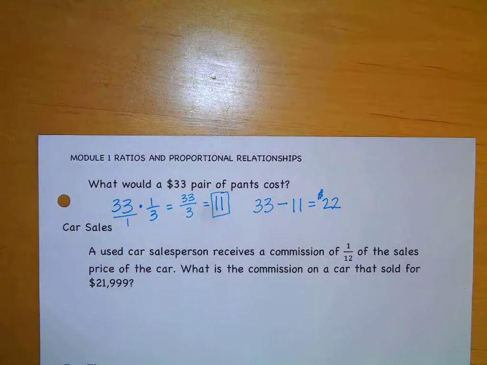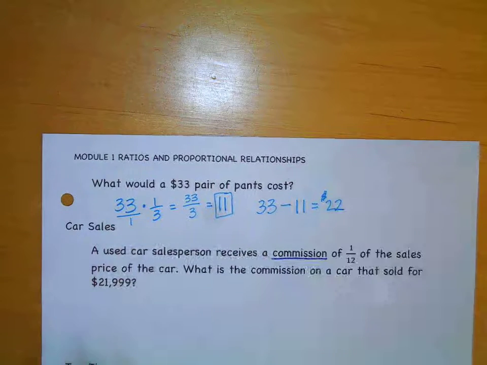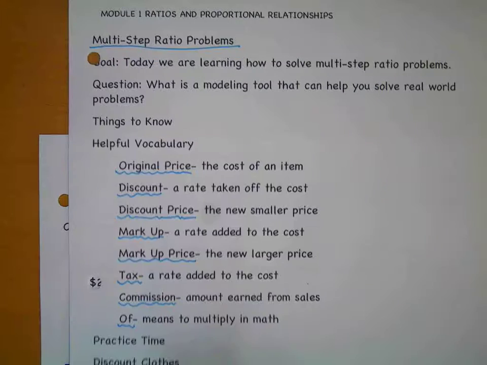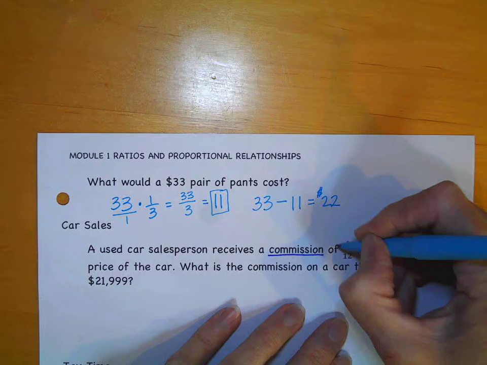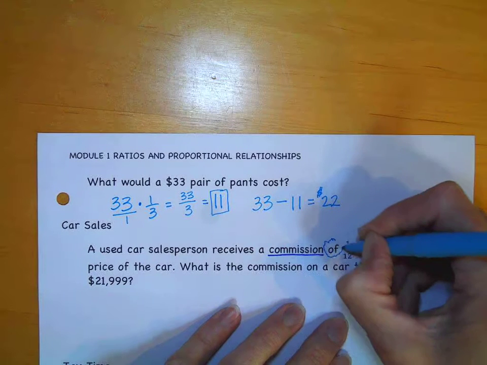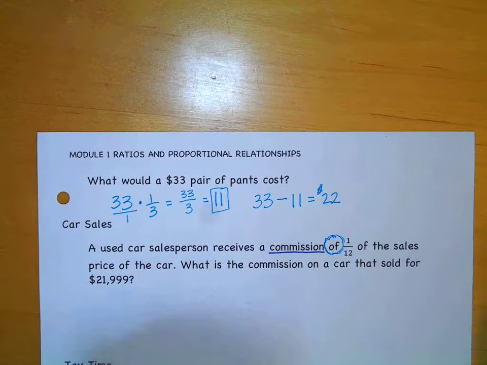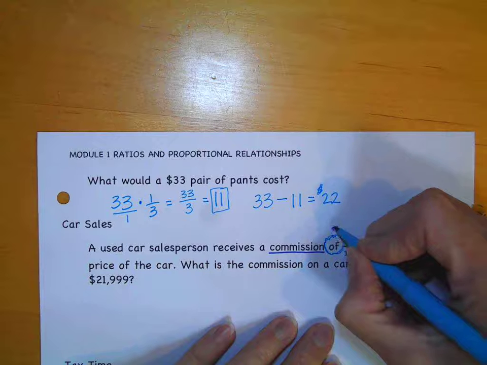Now we're switching gears and we're going to use some of that other vocabulary. A used car salesperson receives a commission. Oh, commission. Remember, commission is the amount earned from sales. Okay, so the other key word that I need you to remember, a commission of, what do we do with of in math?